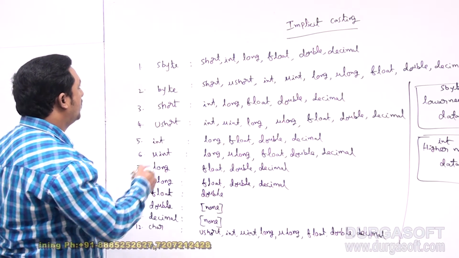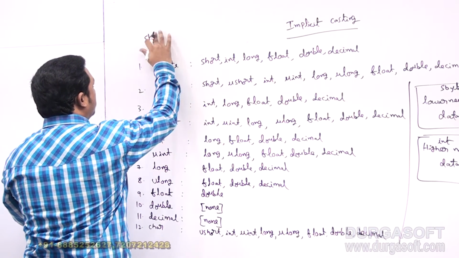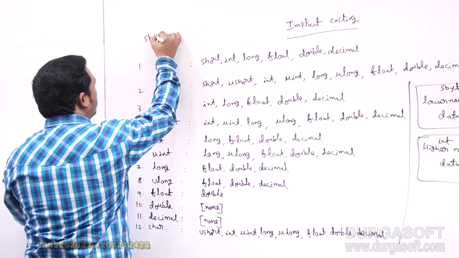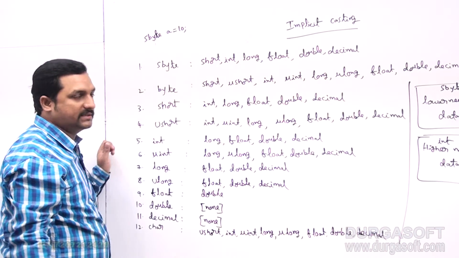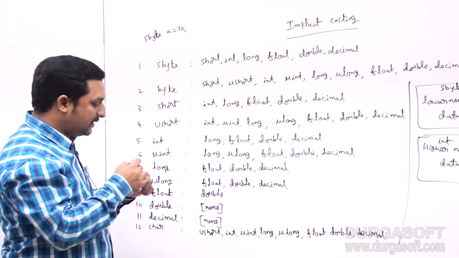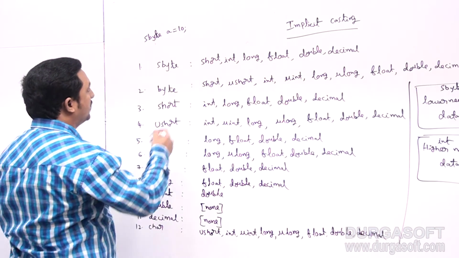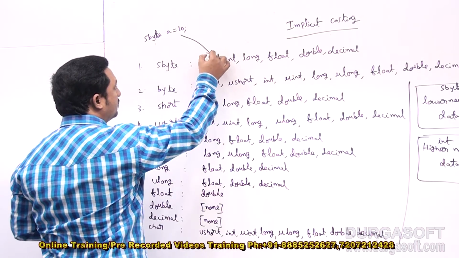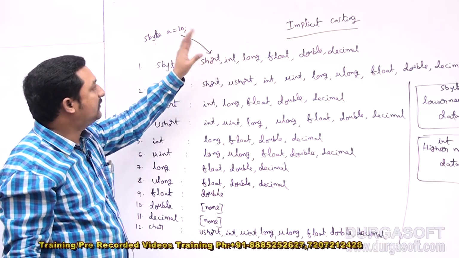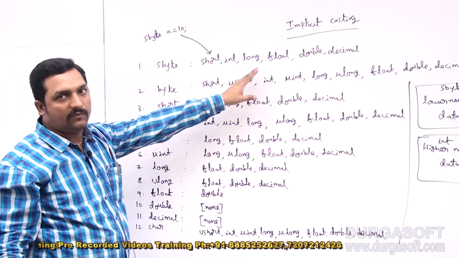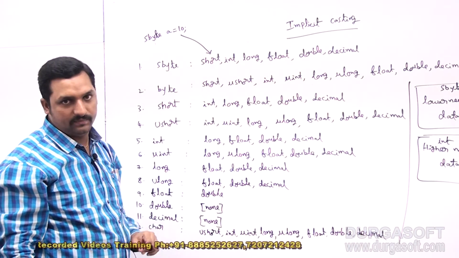For example, we have S byte a equal to 10. That value can be converted into short, or int, or long, or float, or double, or decimal.